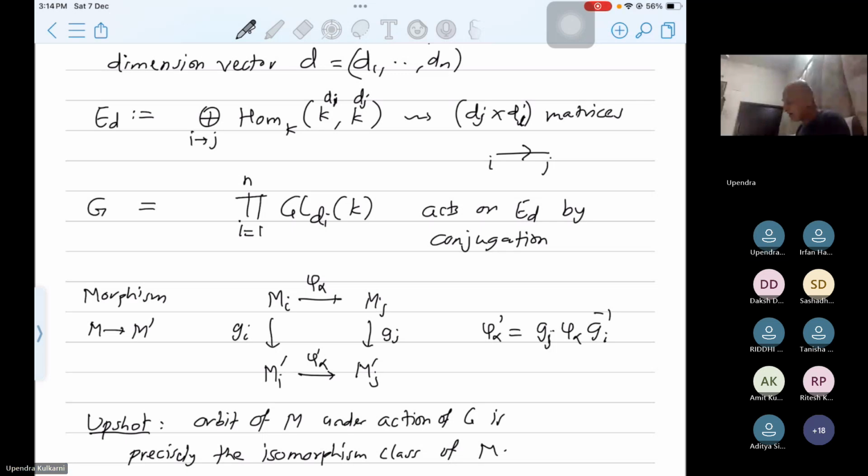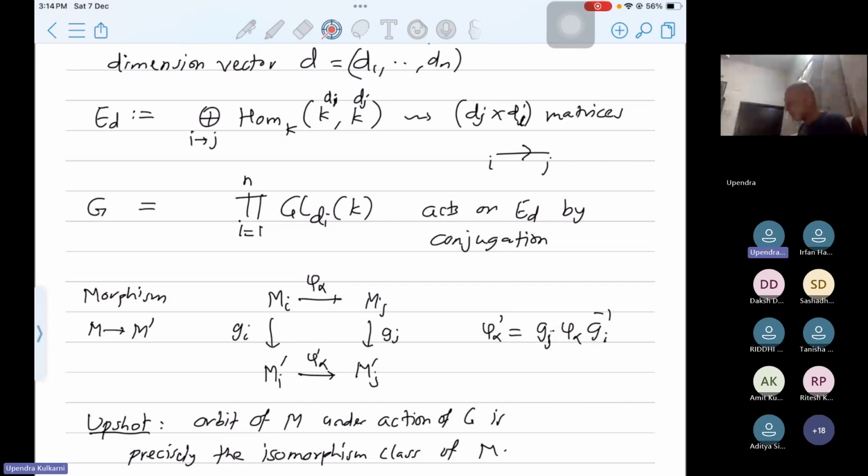And having an isomorphism between two such apparently different representations simply means giving a family of invertible matrices, together with phi, such that the phi's between the respective representations are related by this formula.